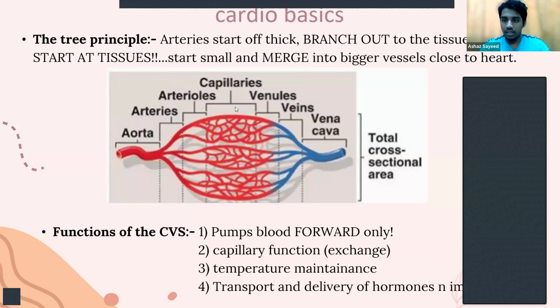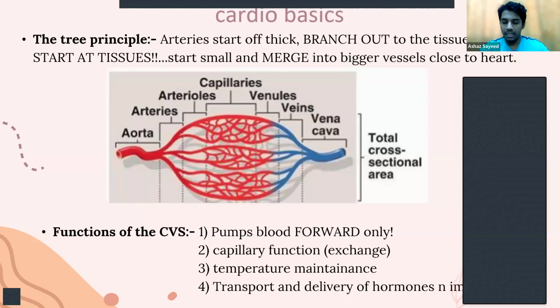And then we reach capillaries. Capillaries are the greatest in number, but size-wise they're pretty small. So we go from the aorta all the way to the capillaries. From here, you have venules fusing into each other to form the vena cava. We have the superior vena cava and the inferior vena cava.